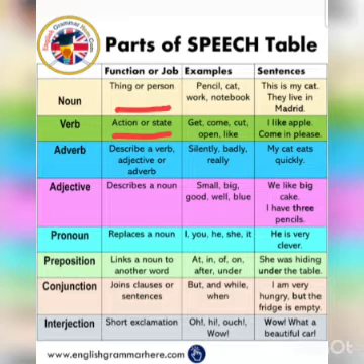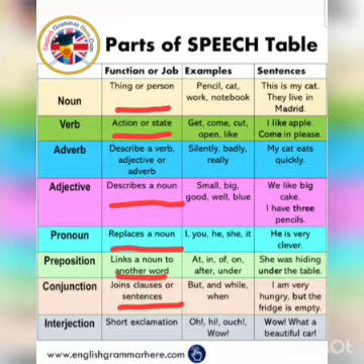Adverb describes a verb or adjective or adverb. Adjectives describe nouns. Pronouns replace nouns. Preposition links a noun to another word. Conjunction joins two sentences. Interjection shows some short exclamation. Right?